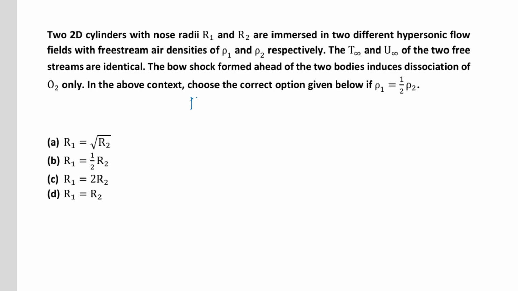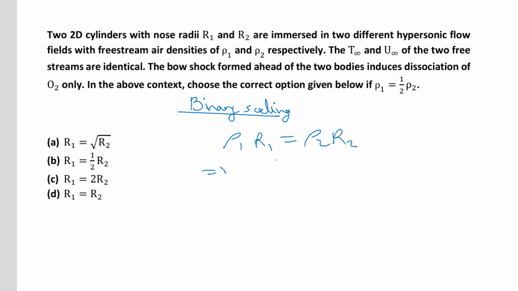In this solution, we have to consider binary scaling. According to binary scaling for hypersonic flow, if both flows are similar, then rho 1 R1 will be equal to rho 2 R2.